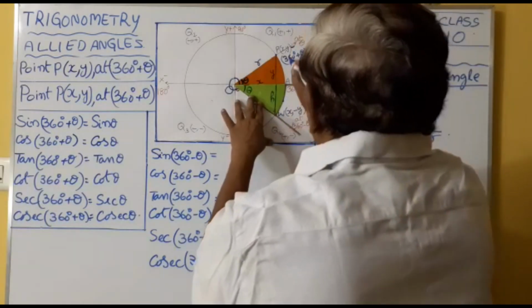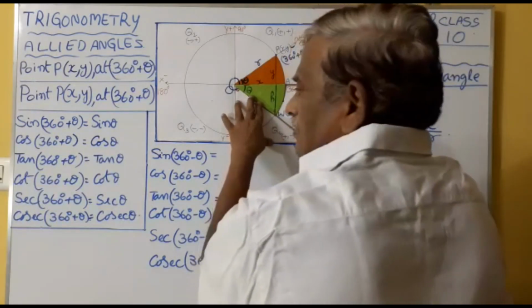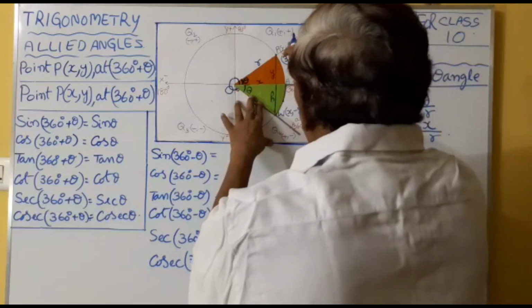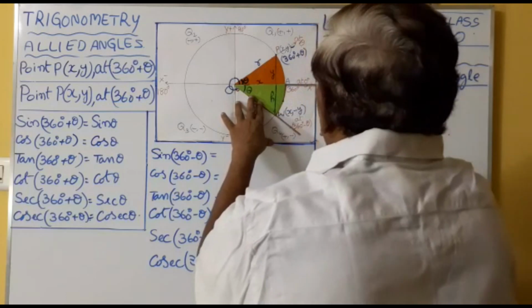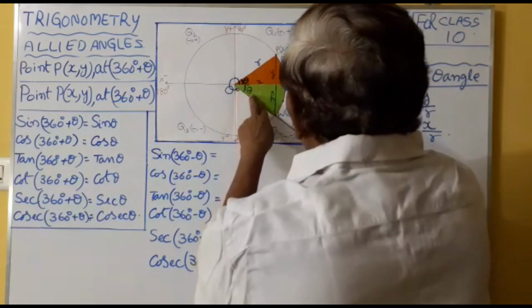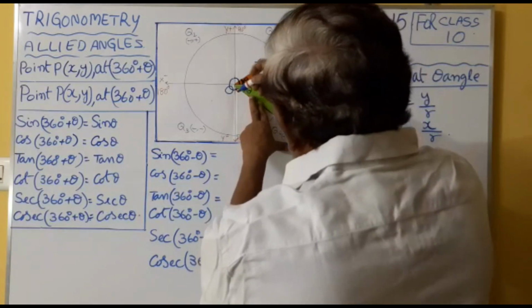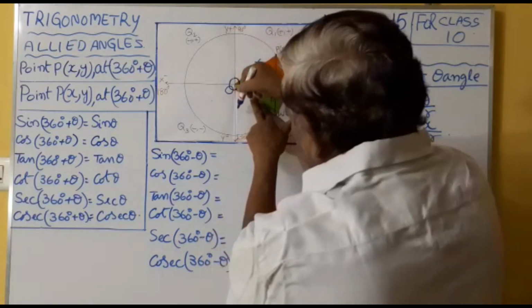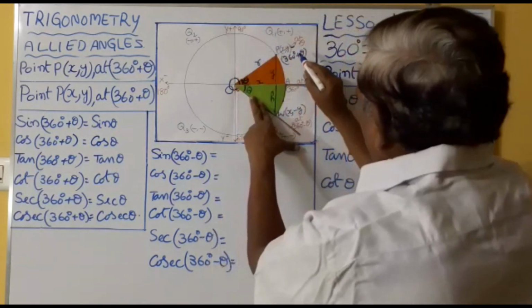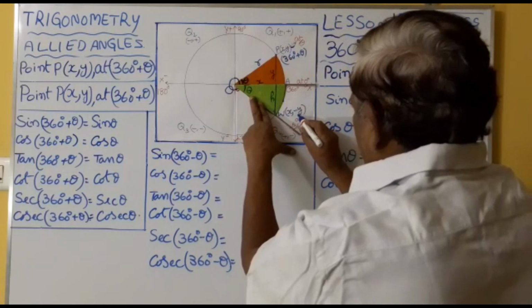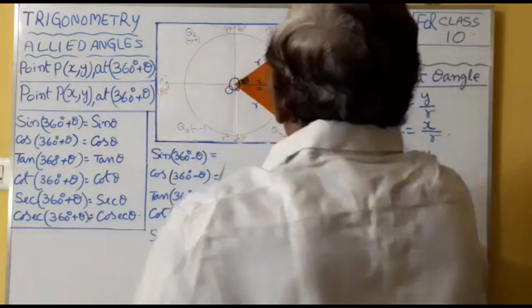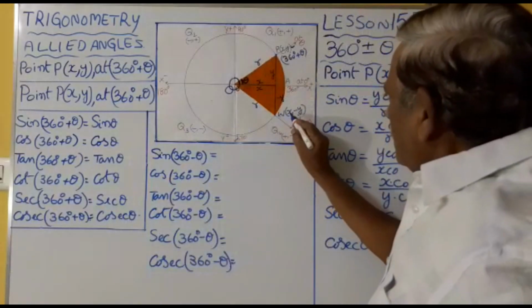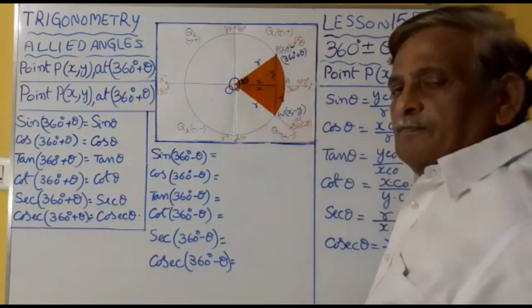W is the image of P. The coordinates x and y remain as they are, but the y coordinate is towards the negative direction. Therefore, only the y coordinate changes its sign. Therefore, the coordinates of W are (x, minus y).